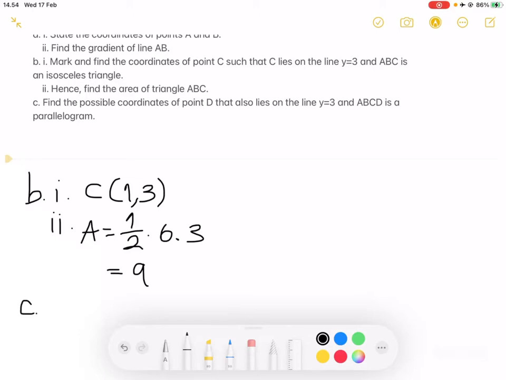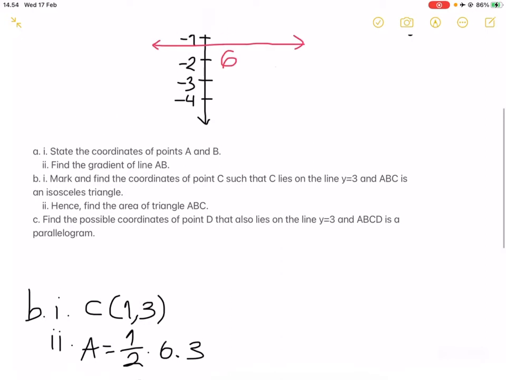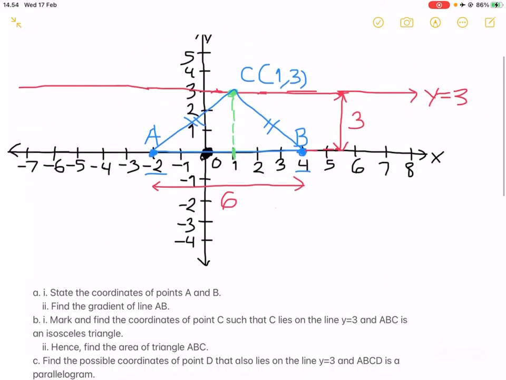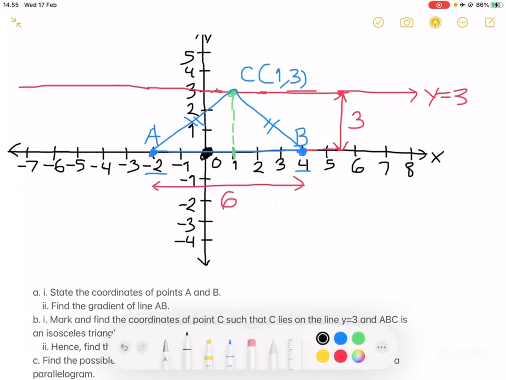And for the last part, find the possible coordinates. And what I mean by possible coordinates, it means there are possible values of the coordinates of point D that also lies on the line y equals 3, and ABCD is a parallelogram. So one of the main characteristics of a parallelogram is it has 2 pairs of parallel lines.